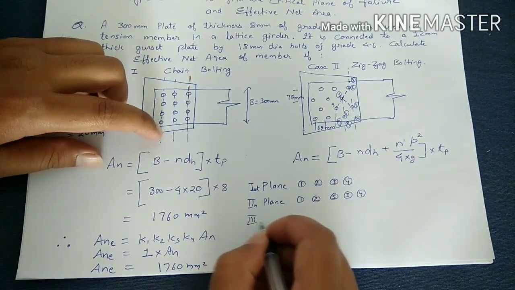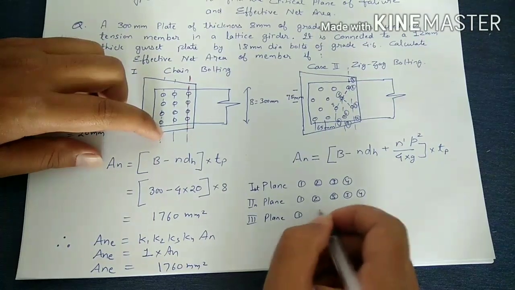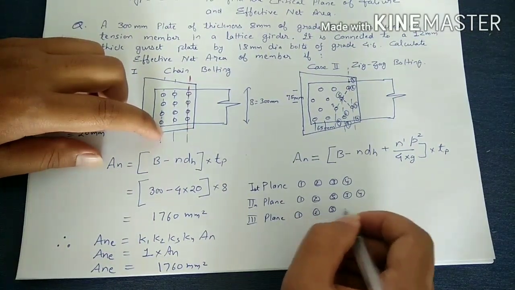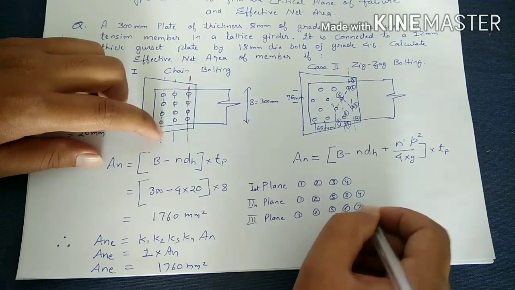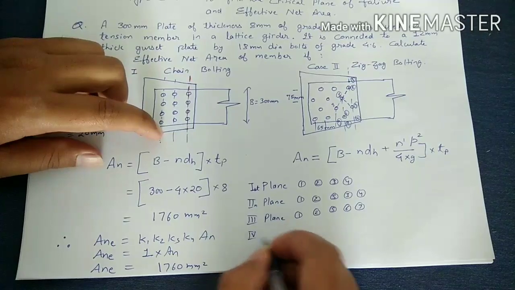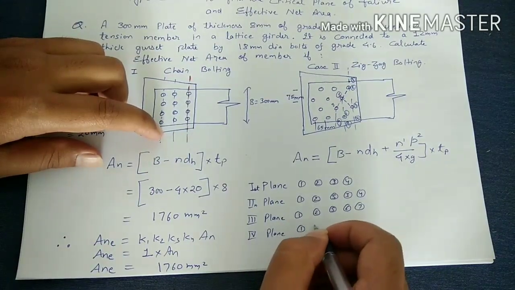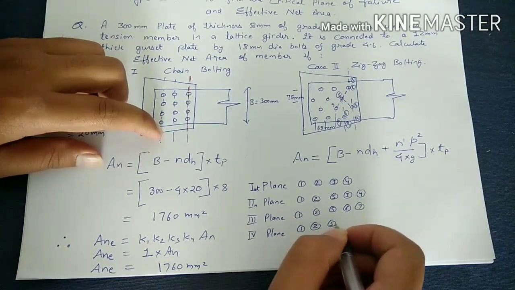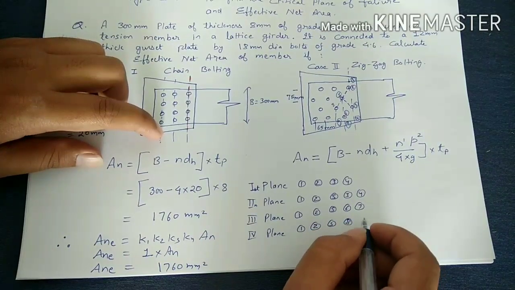Third plane may go like this, 1, 2, 5, 6, 7. Fourth plane may go like this, 1, 2, 5, 8, 9.